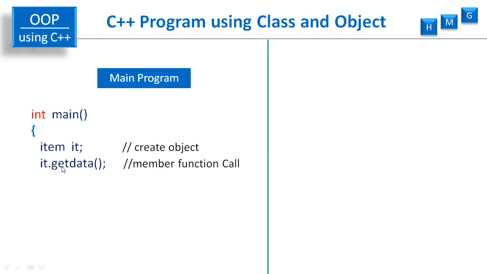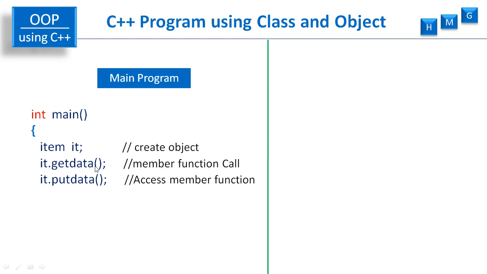The second member function call is it.putData. So there are two function calls, it.getData and it.putData. it.getData will perform input operation. It will get the data from the keyboard for the data members, item number, name and cost. putData will display the values of these three data members.